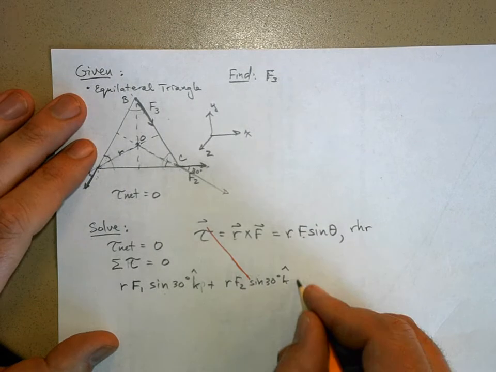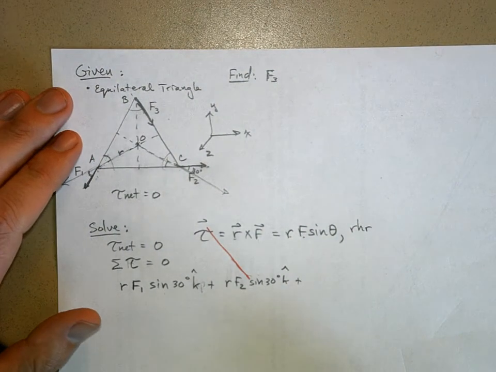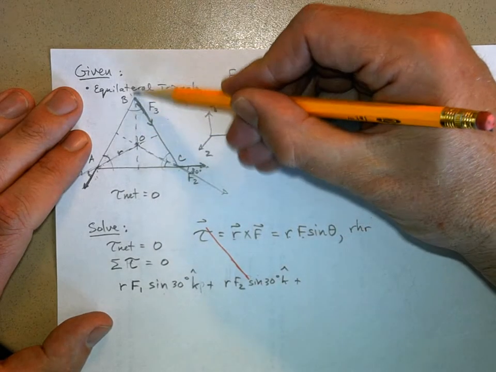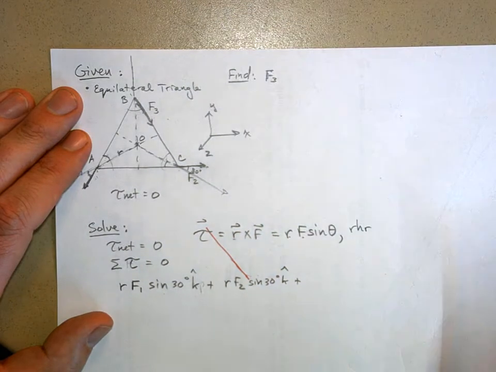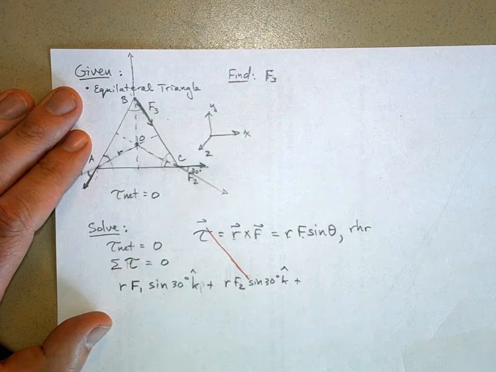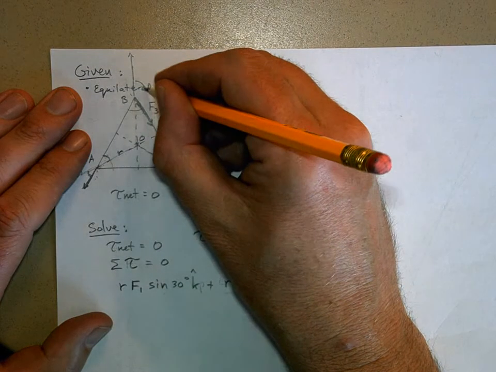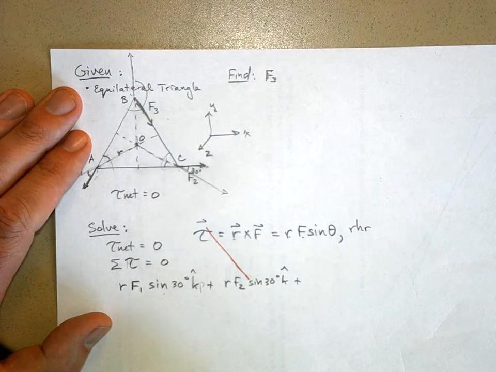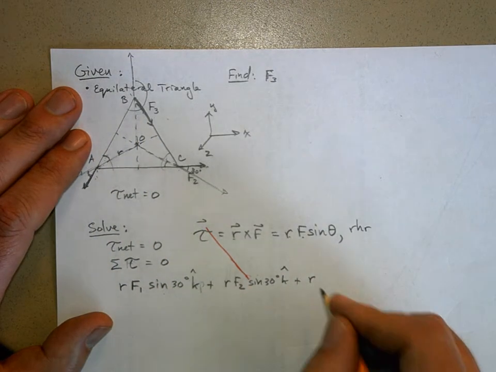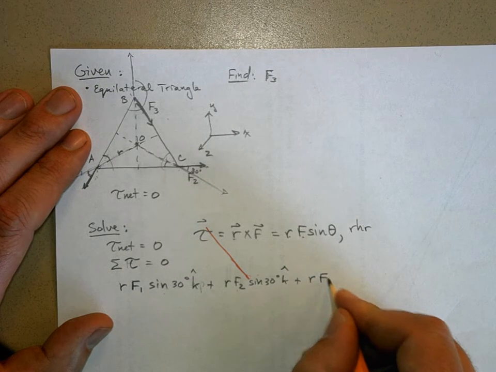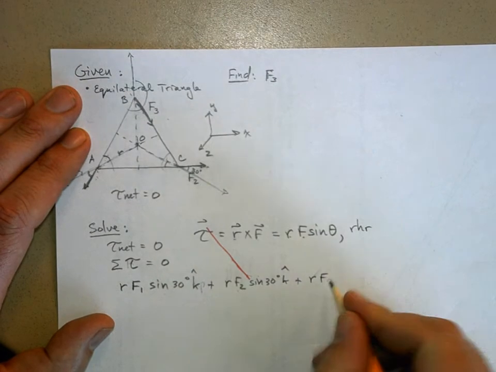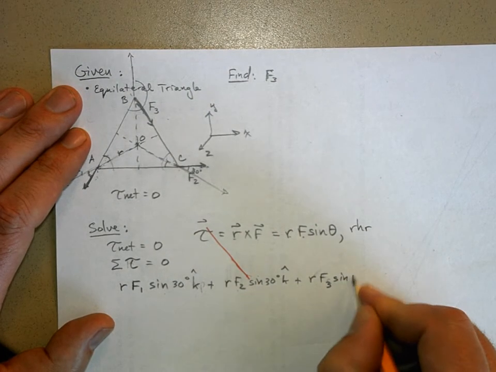Now, we have F3. Here's R, and R comes all the way like this. And what angle is this here? It's 150, isn't it? So it's going to be R times F3 times the sine of 150 degrees.